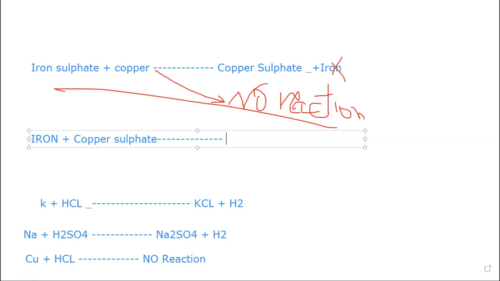You understand? So in this equation, what is the result? iron sulfate plus copper.